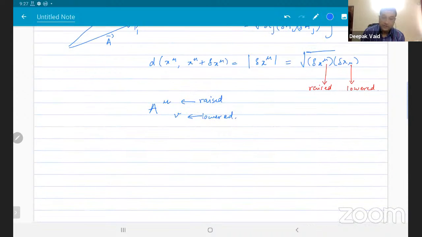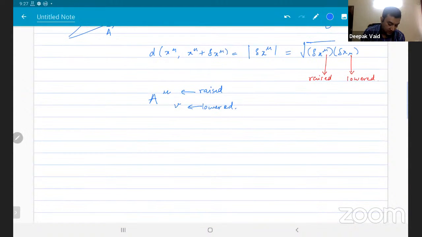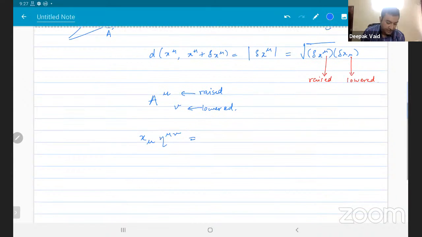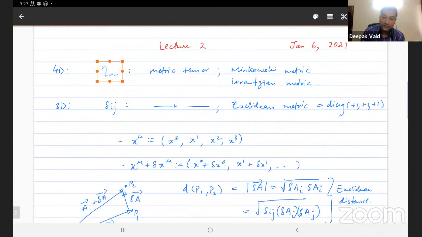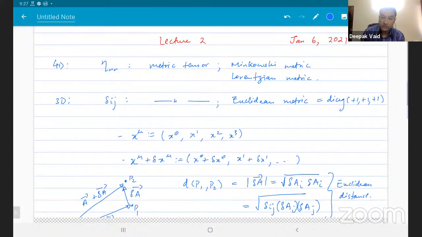So what is the meaning of this raising and lowering? Given any vector with indices in the lower position, I can raise this index by multiplying by eta mu nu, like this. What is this eta mu nu? This eta mu nu with the indices raised is the inverse of this eta mu nu with the indices lowered.